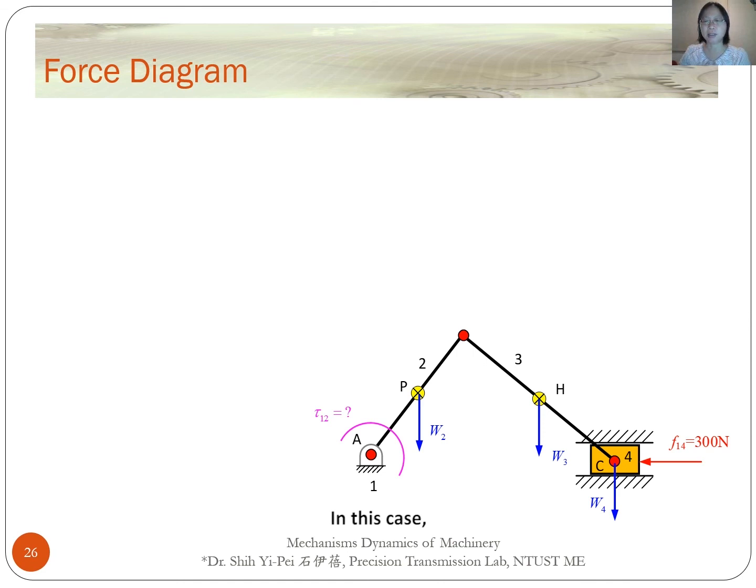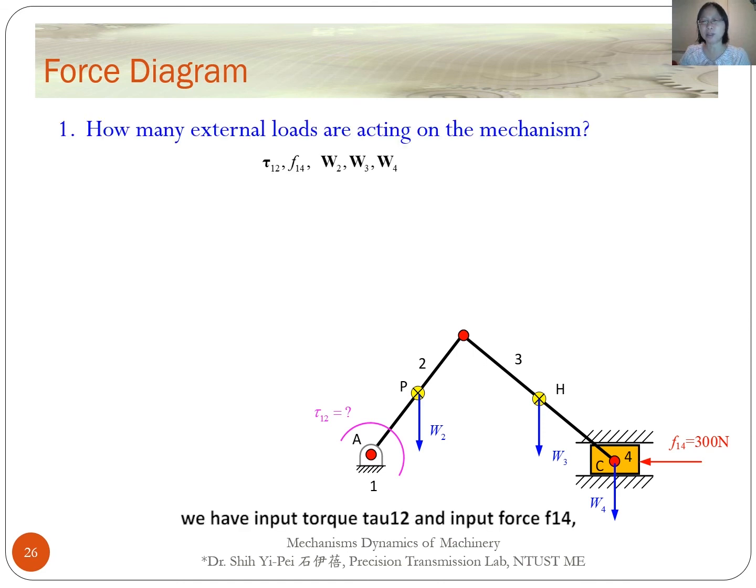In this case, we have input torque tau 12 and the input force F14 and the three weights W2, W3, and W4 of members. Here, input torque tau 12 is unknown.